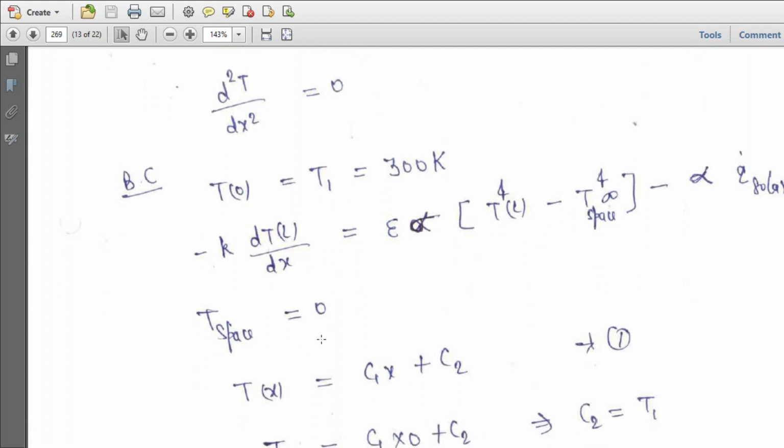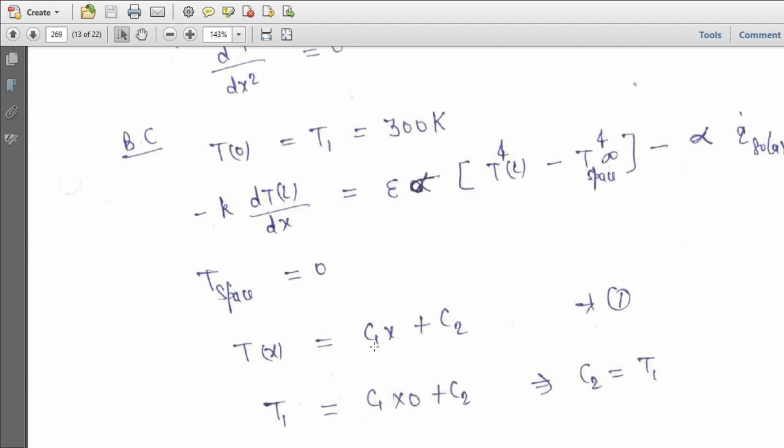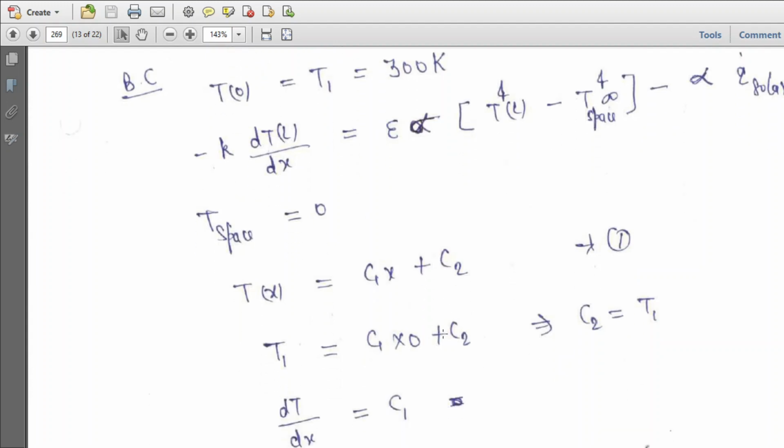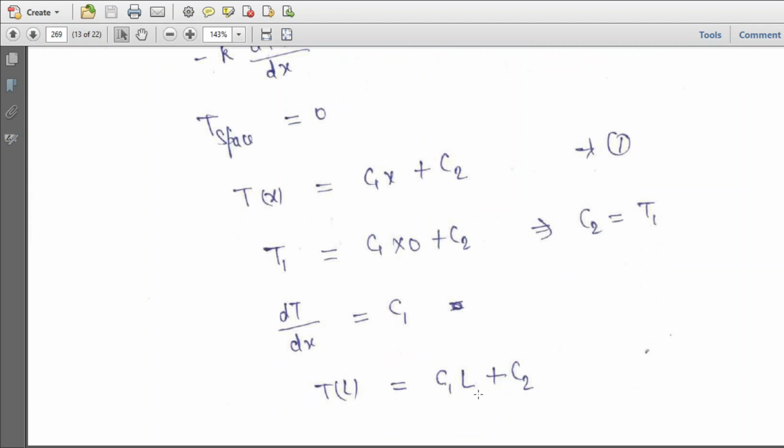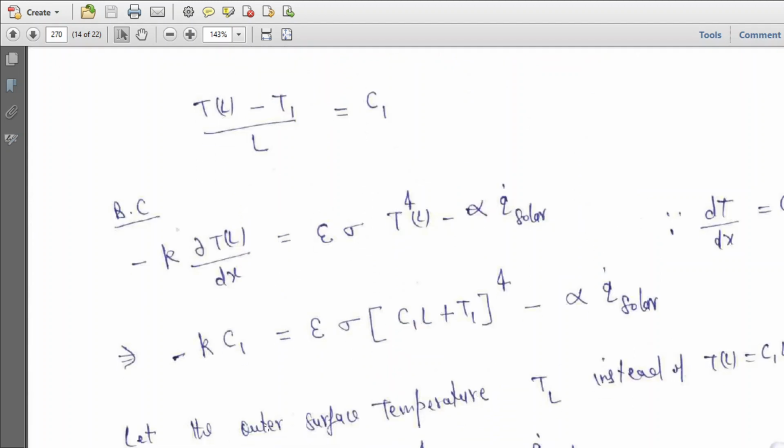T surrounding is 0, so you have T is actually C1x plus C2. So from here at x equal to 0, T1, you find C2 equal to T1. Now dT/dx is equal to your C1, so you can find TL = C1L plus C2. Substitute that here, K times C1 here.